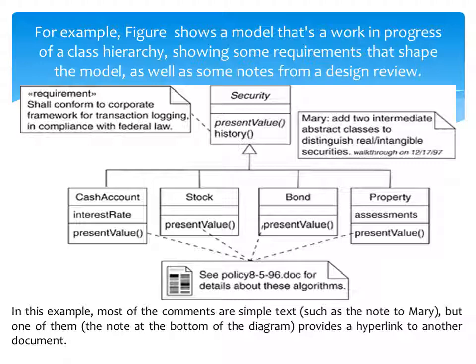In the middle, we have security, present value, history. On the right side, Marry: add two intermediate abstract classes to distinguish real and intangible securities. Under those we have cash accounts, interest rate, present value, stock, present value, bond, present value, property, assessment, and present value. All these are linked to the policy.